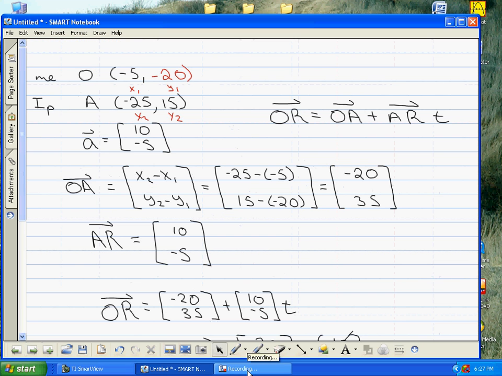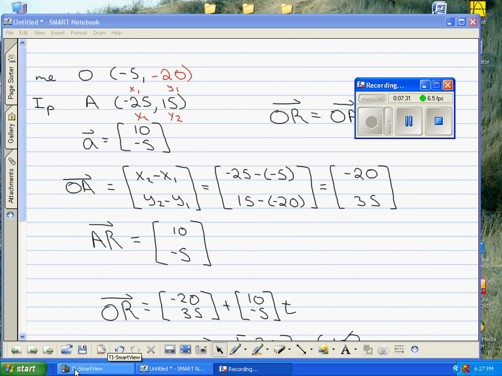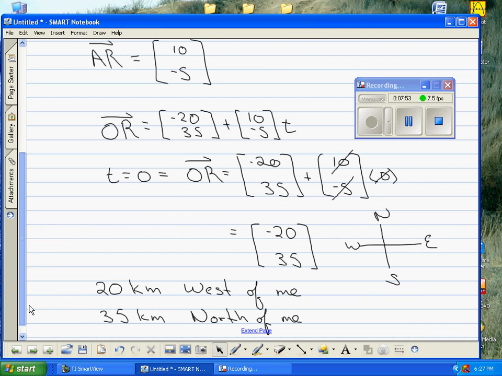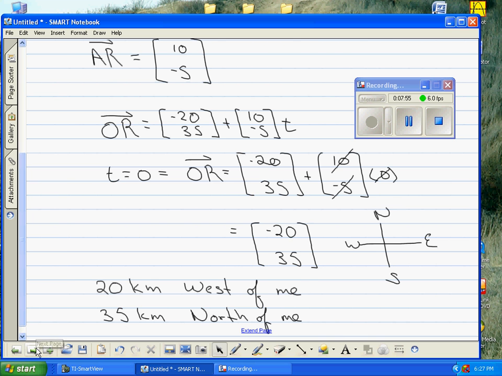What I effectively did was I just recomputed everything to say, you know what, I don't like dealing with a lot of numbers. It'd be easier if I were the origin. If I am the origin, then I am at 0, 0. And now you can see that the initial vector that I found was negative 20, 35.